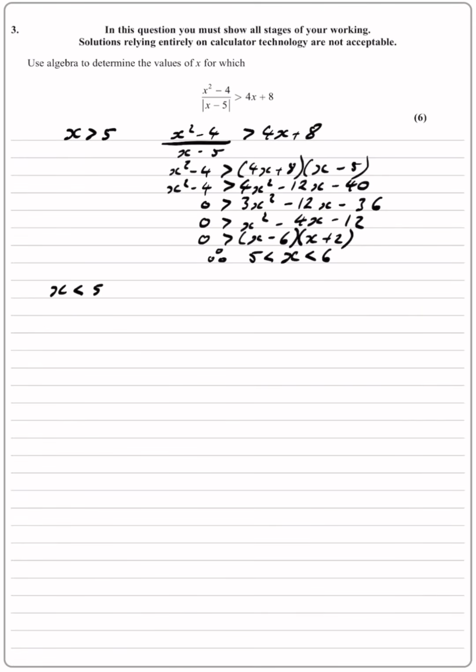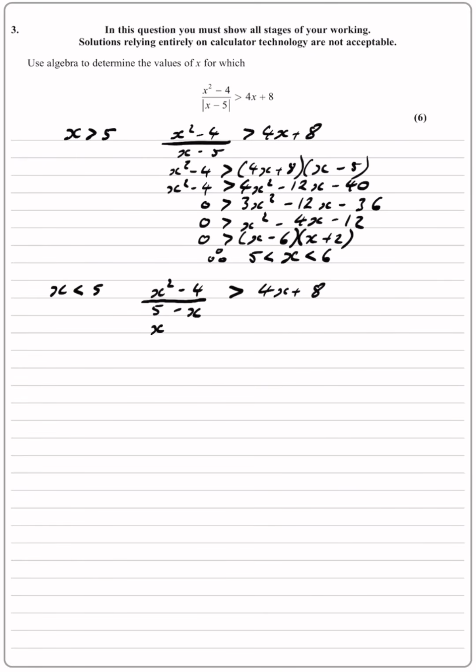For when x is less than 5, essentially the denominator will start off as negative, but then will become positive because of the modulus symbol there. So I can write that as 5 subtract x. Essentially I've multiplied the denominator by -1, ignoring the modulus.